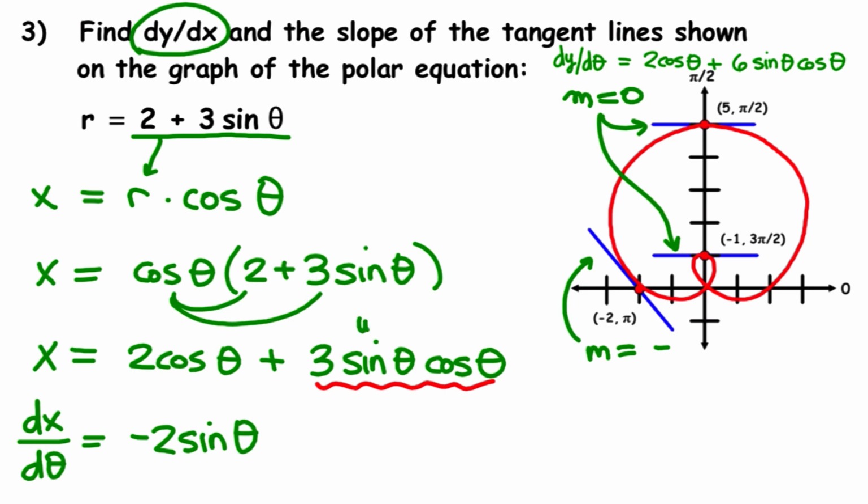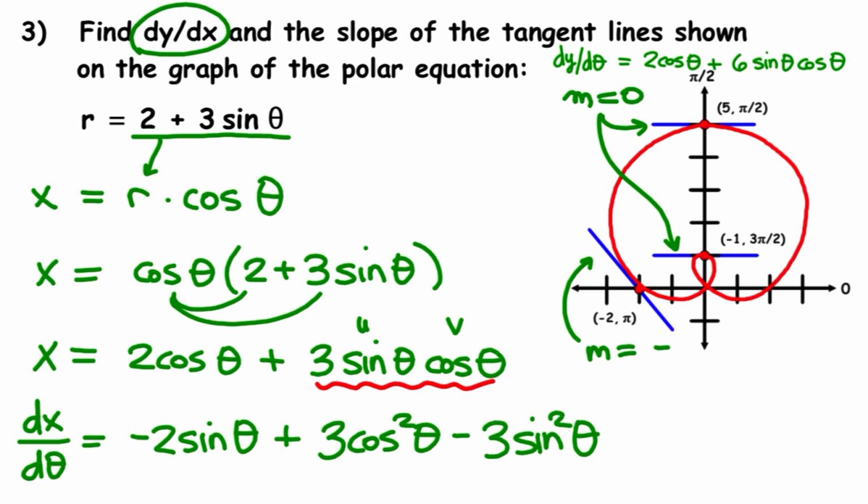I'll call the u the 3 sine theta and the v cos theta. And so when I do u prime v plus uv prime, I'm going to get plus 3 cos squared theta, minus 3 sine squared theta. Okay, that's dx d theta.